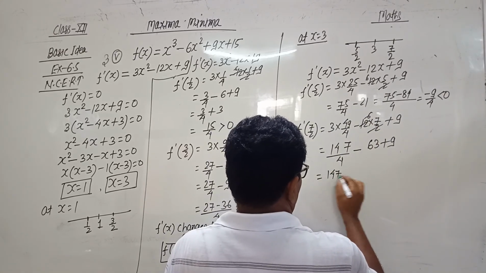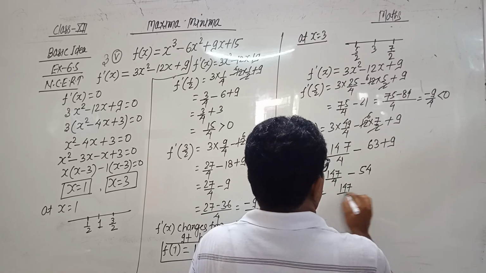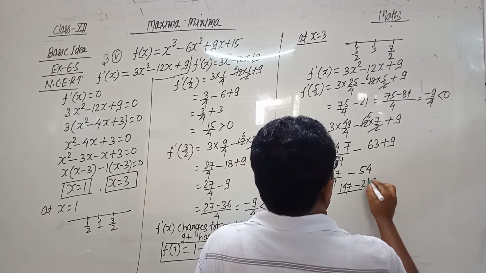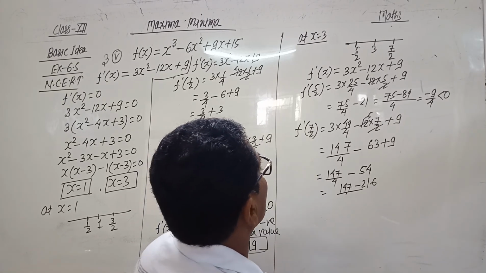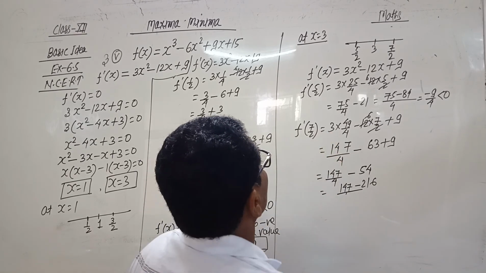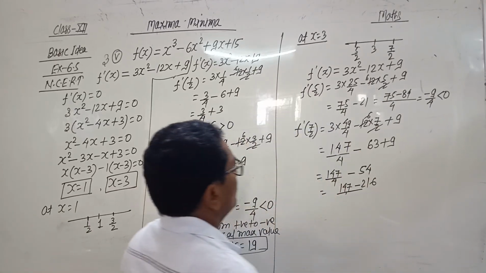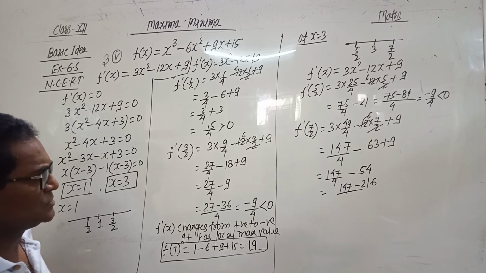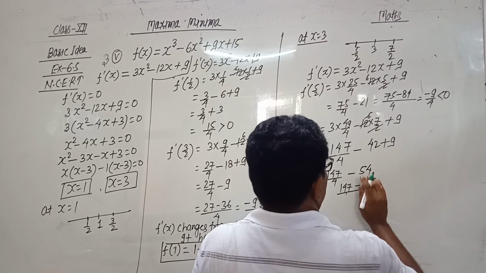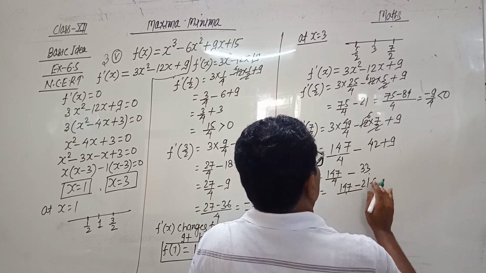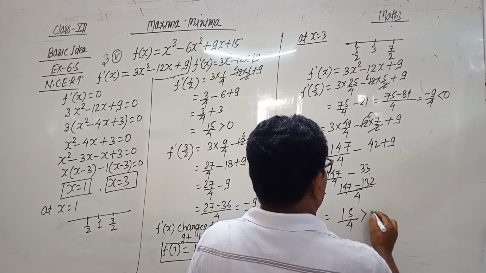So 147 by 4 minus 33, and this is 132 by 4. And this comes to be 15 by 4, which is greater than 0.